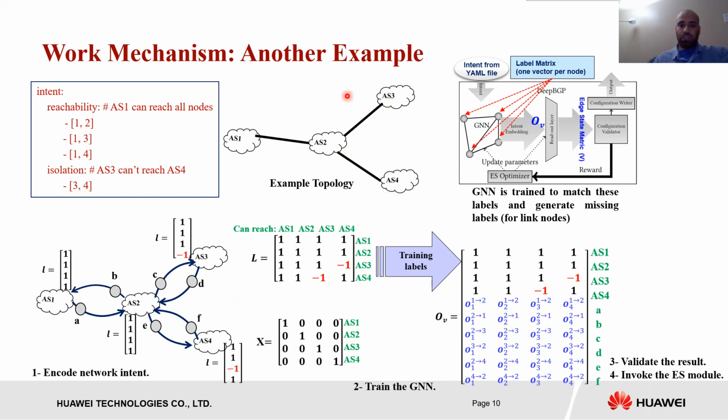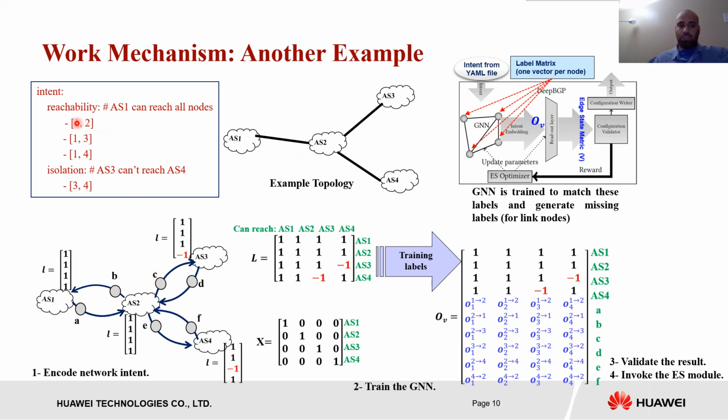So first we take this network and we represent it in the GNN topology. In this GNN topology we represent the main nodes, the original nodes, and we add extra nodes for each link, one per direction, as we can see here, A and B for the link between AS1 and AS2.